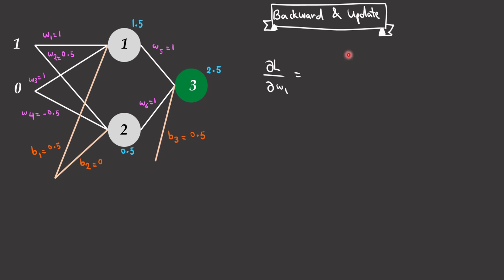So far you have seen that calculating the partial derivatives was very easy, but from now on, calculating the partial derivatives is going to get a little bit tricky. For example, here, if we want to calculate the partial derivative of the loss function with respect to W1, you can see that we don't have any W1 term in this loss function.